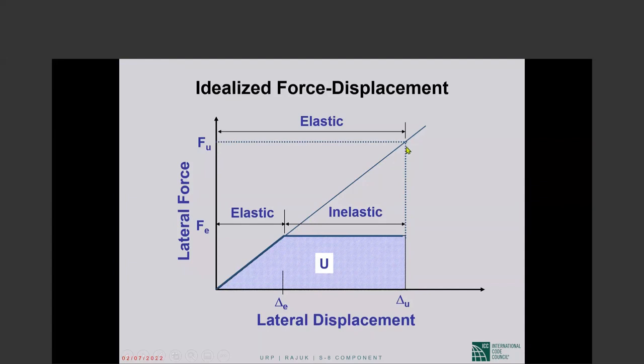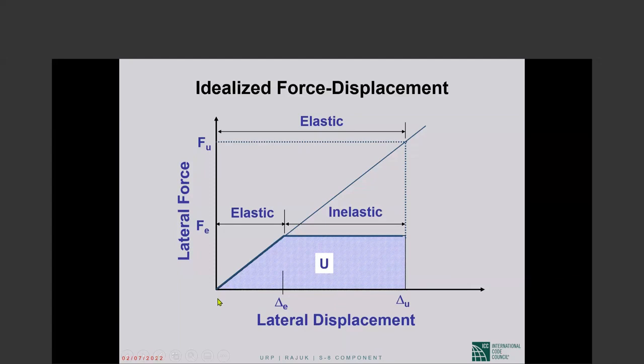There will be no damage associated with it. We will get the structure back intact once the earthquake passes. And in that case, there is no need for significant inelastic deformation capacity.